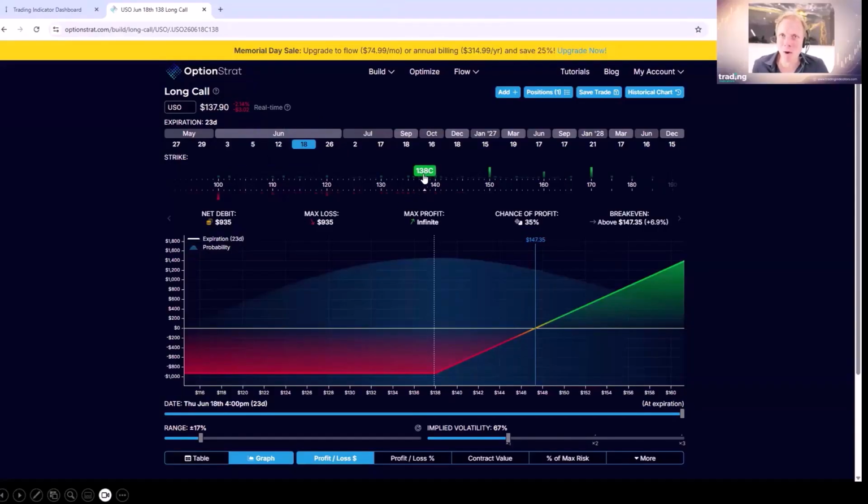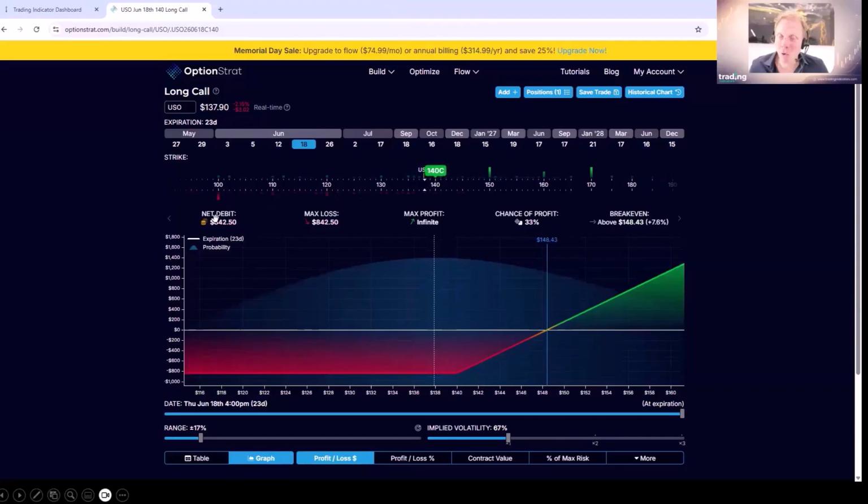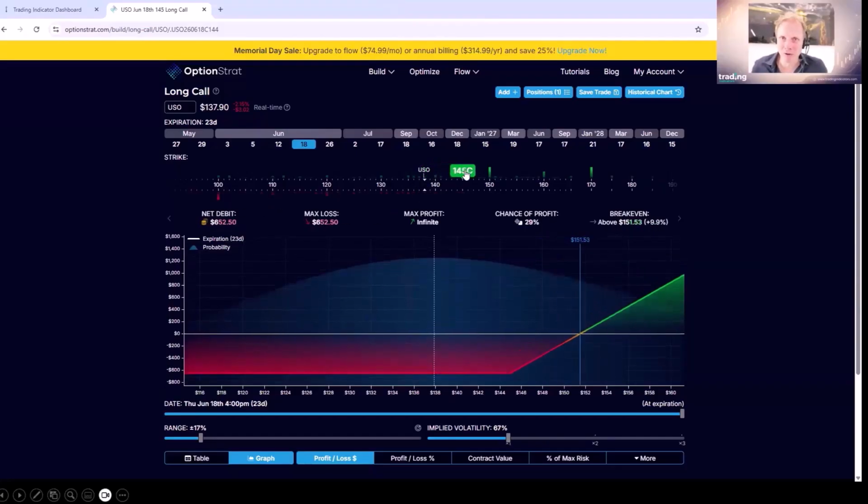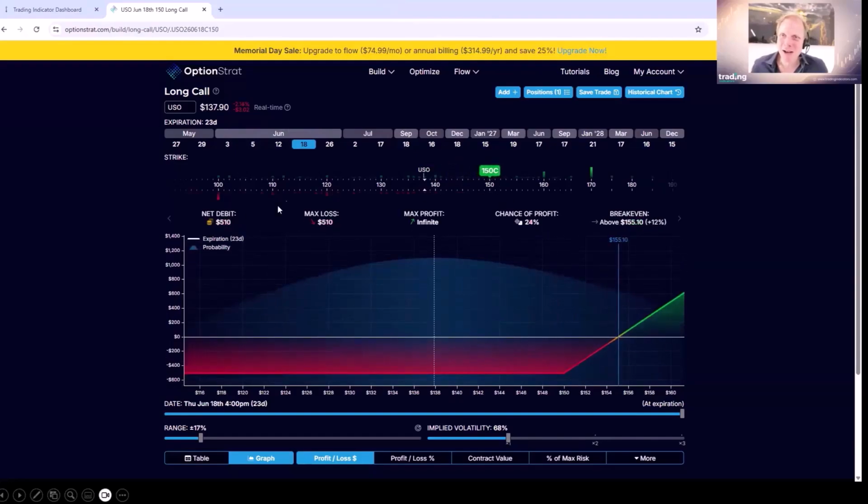So let's go from 138 of the strike price to 140. Look at the debit here. Only, in quotes, 842. If you go even further out, let's say to 145, now it's 652. If you go even further out, it's going to get even less. But of course, there is a downside to this. We have this advantage, okay, it's going to get a bit cheaper for us to buy this.